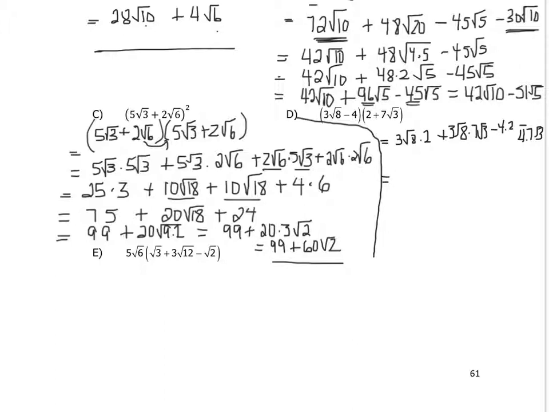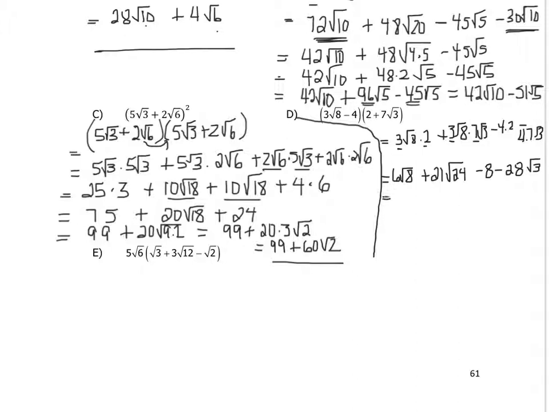So this would be 3 and the 2 would get multiplied to give you 6 root 8. And then in the second term you've got the 3 and the 7 get multiplied to give you 21. And the 8 times the 3 under the root sign is 24. And you got minus 8 and then minus 28 root 3 for the last terms, because 4 times 7 is 28.